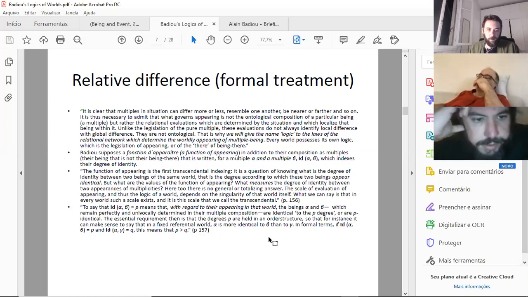Yeah. So the quote goes to say that ID(alpha, beta) = P means that with regard to their appearing in that world, the beings alpha and beta, which remain perfectly and univocally determined in their multiple composition, are identical to the P degree, or are P-identical.